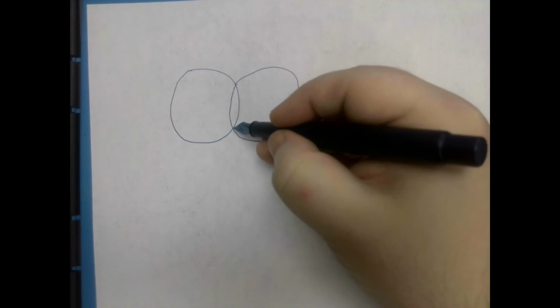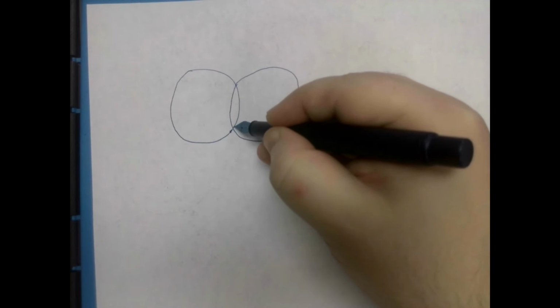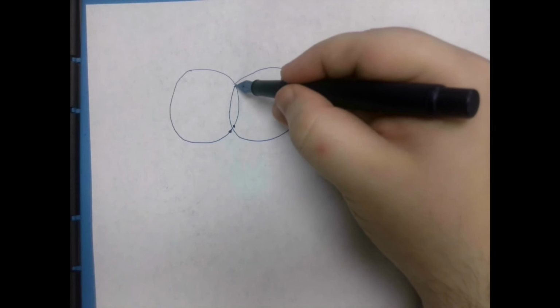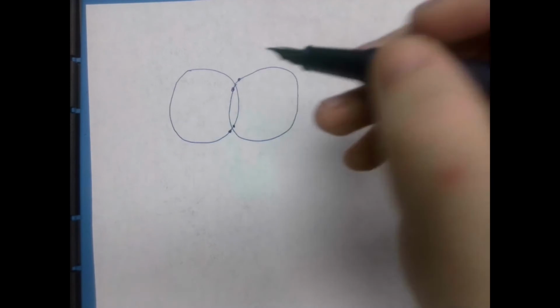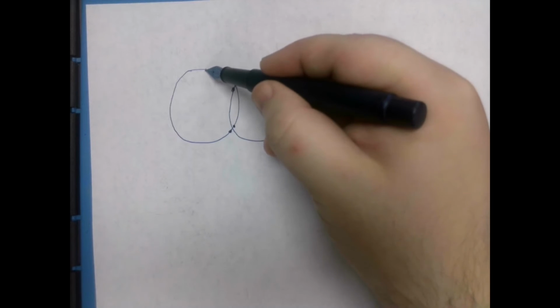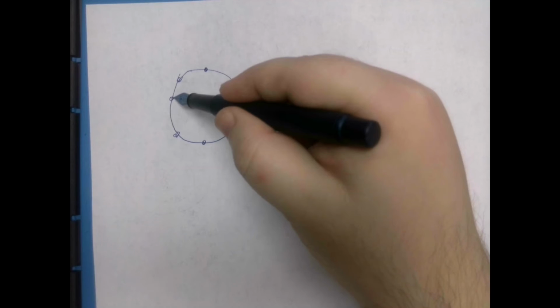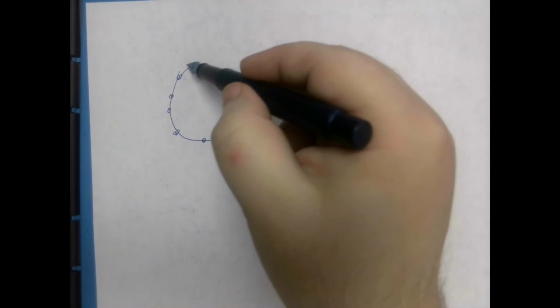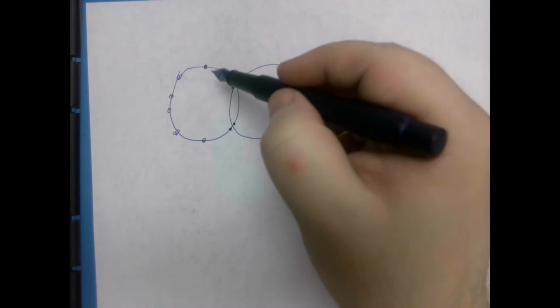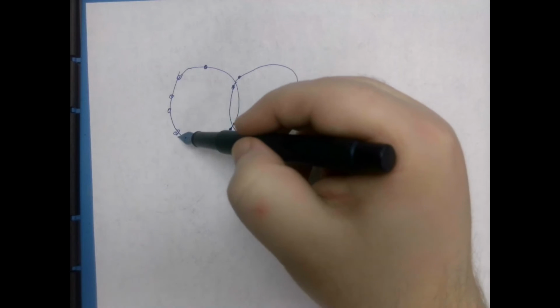What we see is the 2 electrons from here and here will be close to this one, and the 2 electrons from this one will be close to here. And then we have 6 that go on the side. 1, 2, 3, 4, 5, 6. So we count how many electrons are around on the outer one.